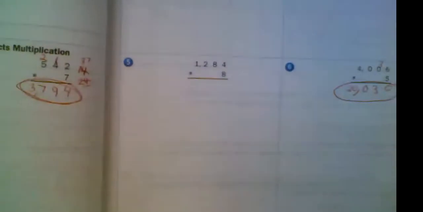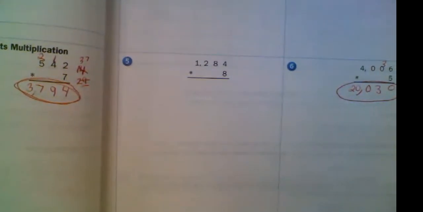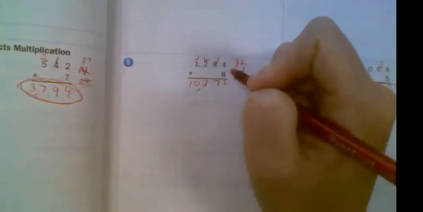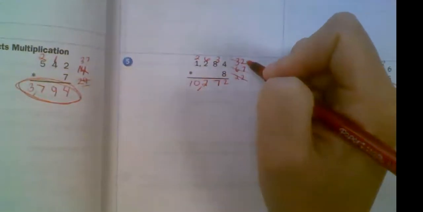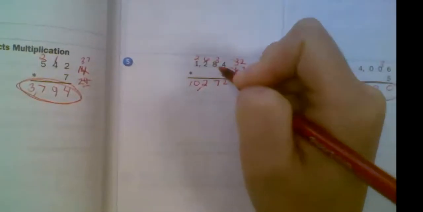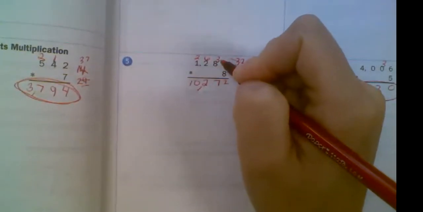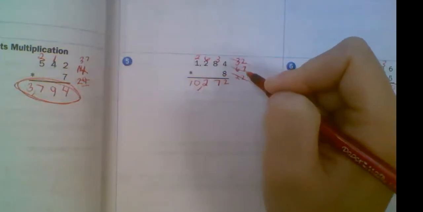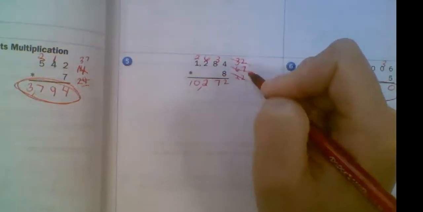Wow. Okay, let's jump back to your number 5. Okay, so I got 10,272. We'll go over it. 8 times 4 is 32. So I put the 2 down, the 3 on top. 8 times 8 is 64, plus 3 more is 67. 7 goes in the ones place.